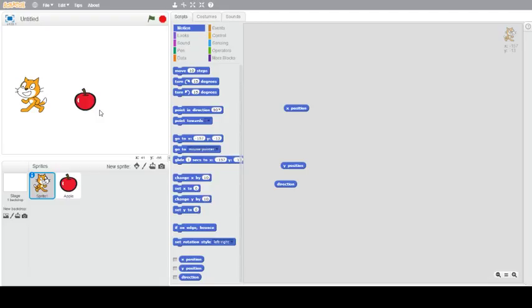Let's say this whole stage is a giant grid. He is 157 squares to the left. And as we said last time, if there's a negative number, then it's probably going to the left. It depends on what you're doing.